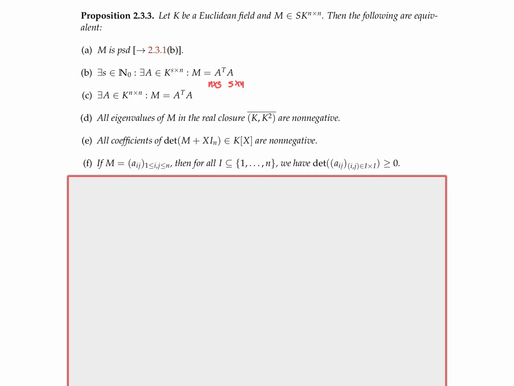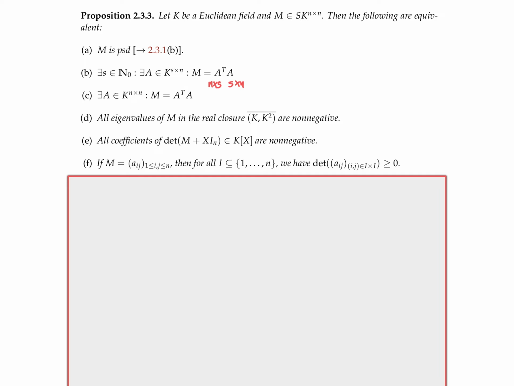You know that for positive definiteness, there is a similar criterion where you look only at the leading principal minors. That means you just take subsets I of the form 1, 2, 3 up to some number.